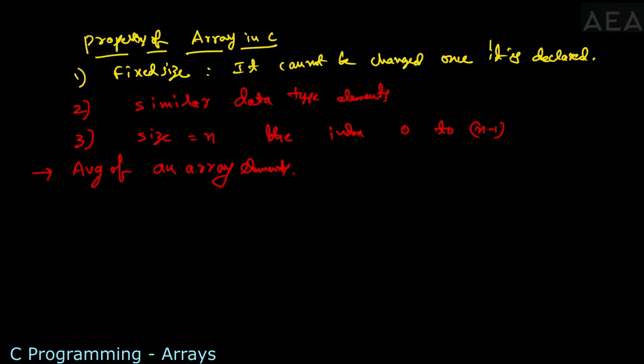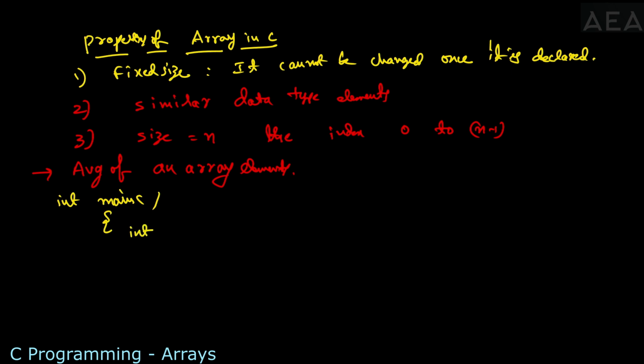Let us define one array, find the sum of the array, and finally find the average of those array elements. To determine the average, we have to compute the sum of the array. So first of all I am writing int main, and first of all declare the array, int.